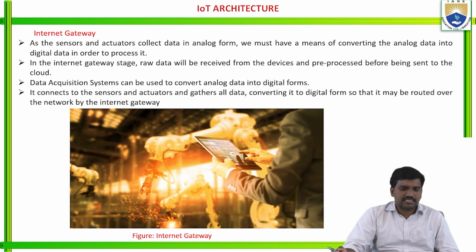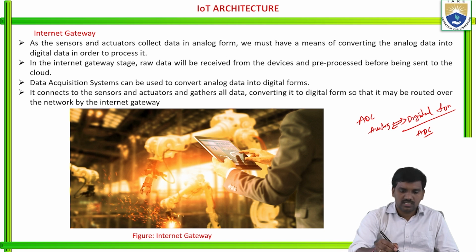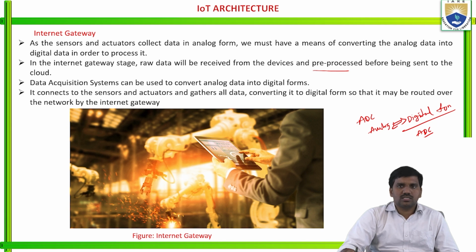As the sensors and actuators collect the data in analog form, we must have an ADC, so the analog information can be converted into digital form. That's why we need an analog to digital converter here. In the gateway stage, the raw data is received from the devices and pre-processed before being sent to the cloud.